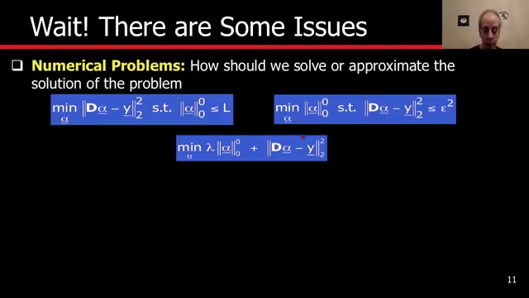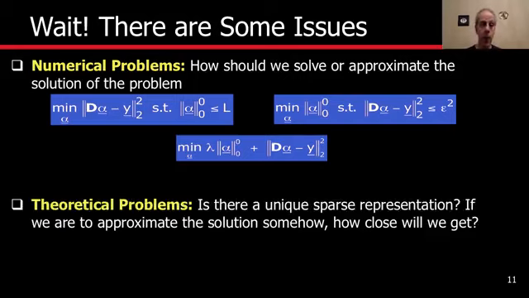Or we can actually have a combination of the sparsity and the error and try to optimize for alpha such that it minimizes this sum of the two terms with a coefficient lambda. So we have three possibilities here. Sometimes these three are equivalent, sometimes they are not. Which one shall we be using?